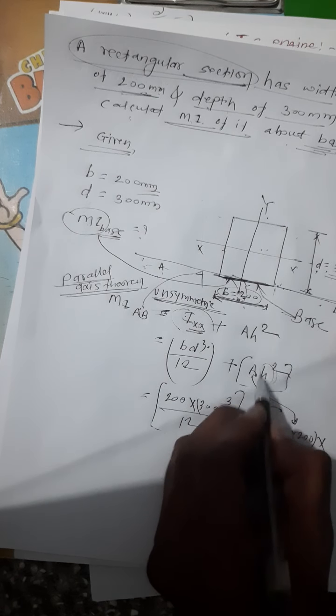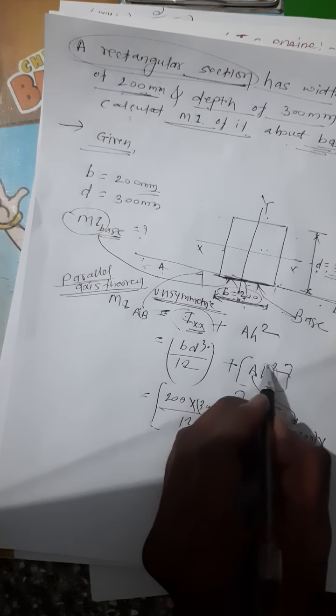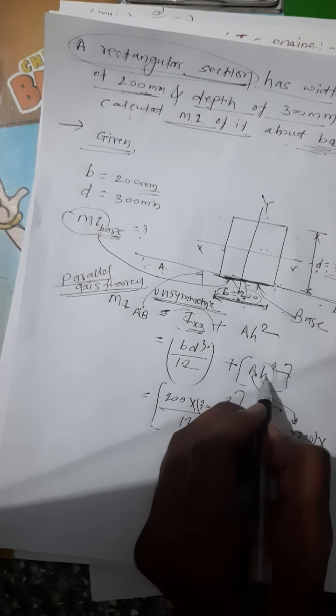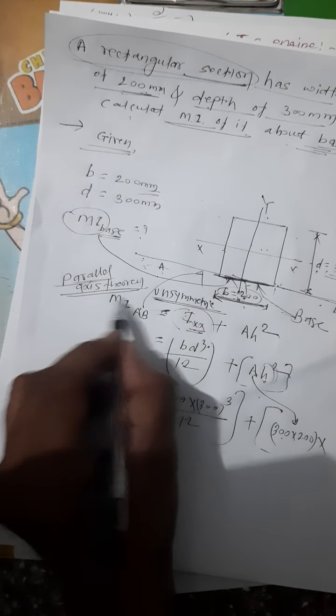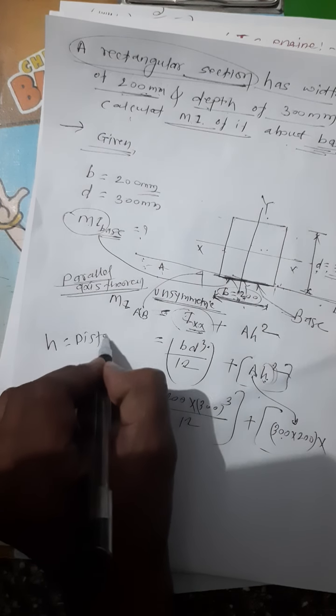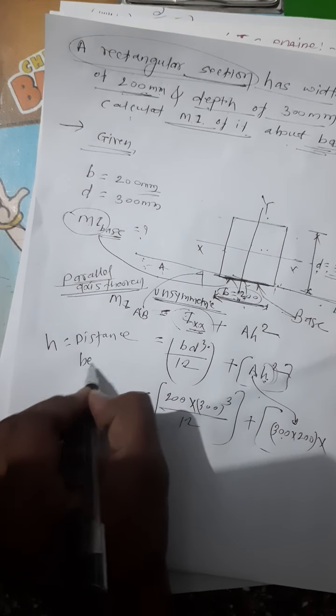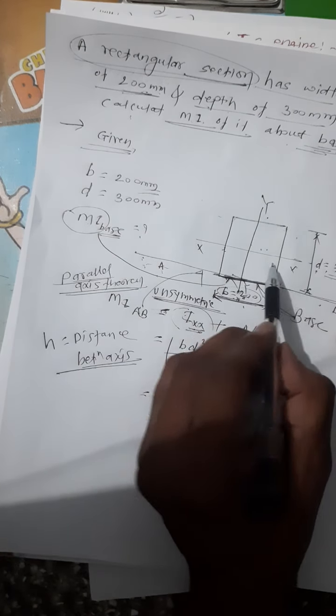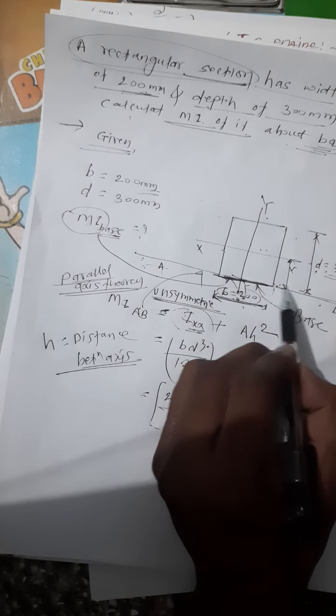What is h? You know very well, we saw this in the parallel axis theorem. h means the distance between the axes.